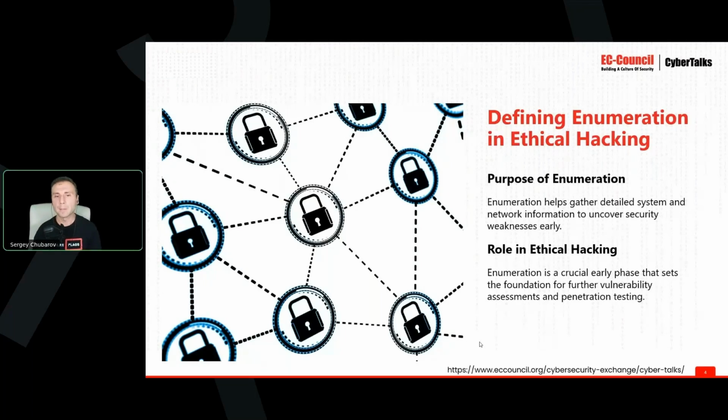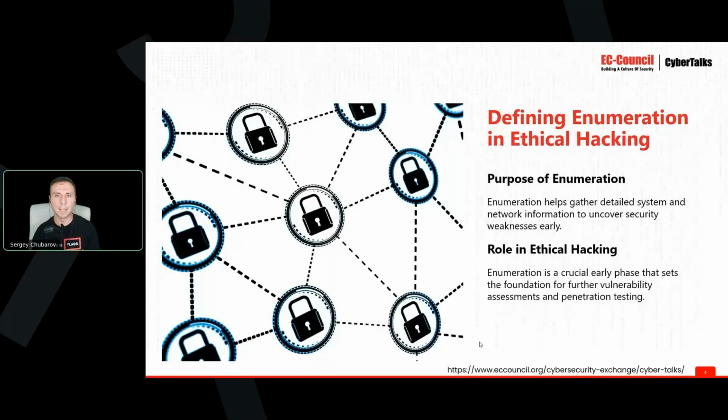In the case of enumeration, we mean that we gather detailed information about the systems, networks, and so forth. And that's a process we have all the time during the whole life cycle, because even if the attacker has already compromised the target and gotten into the network, attacker, pen tester, ethical hacker, whatever name you put, they all need to do it.